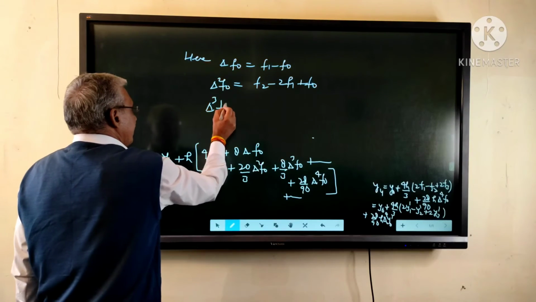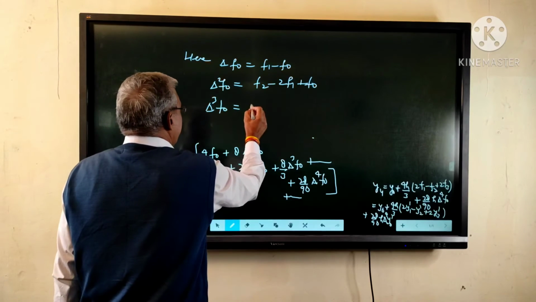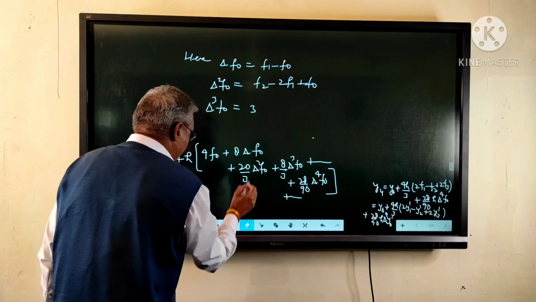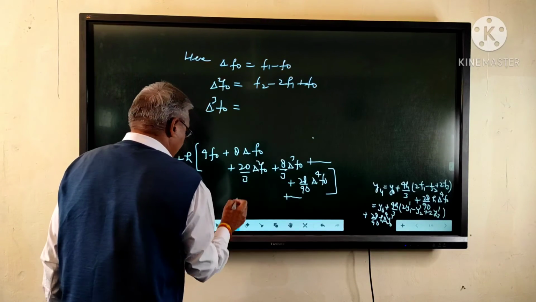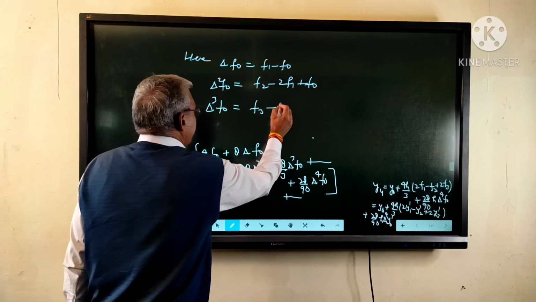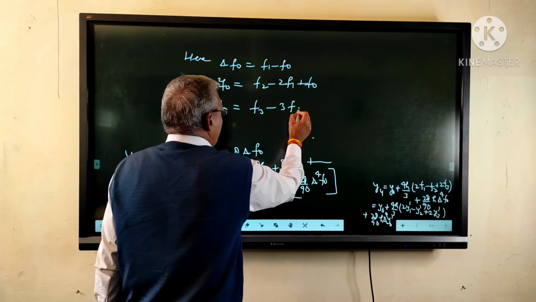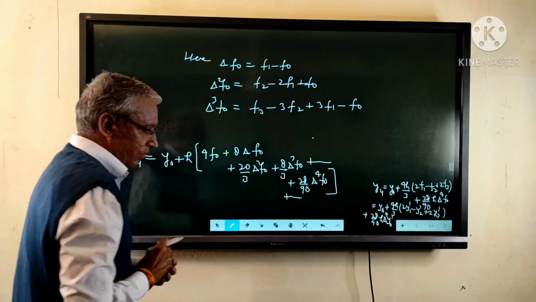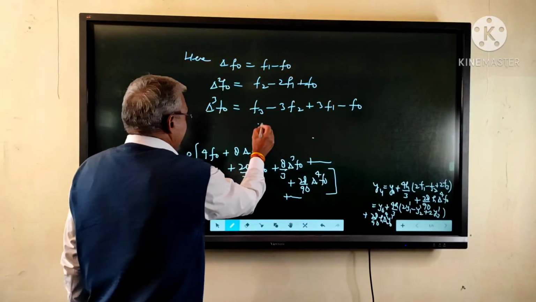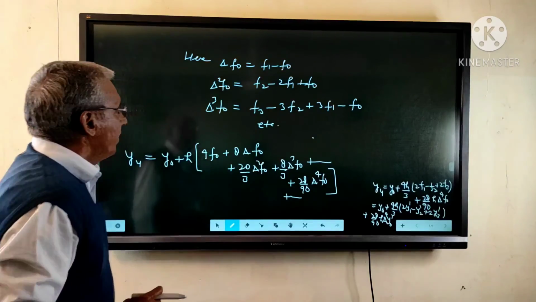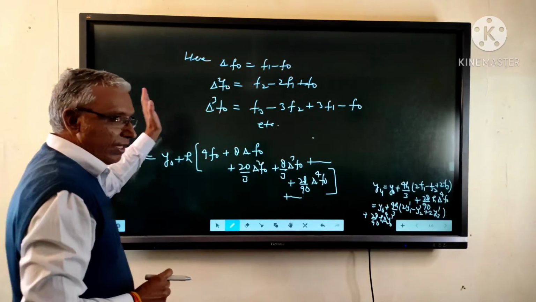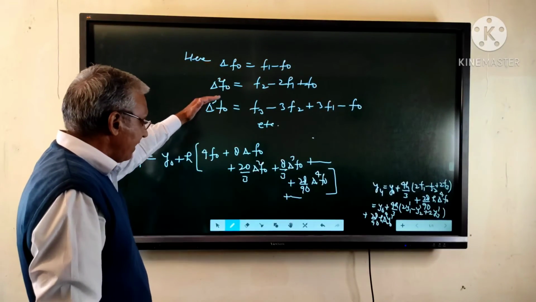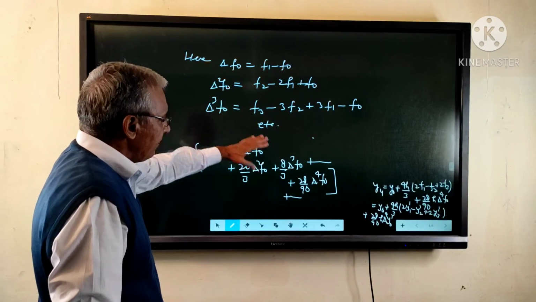The third forward difference at f0 is f of 3 minus 3 f2 plus 3 f1 minus f of 0, etc. We can write the higher order forward differences similarly.